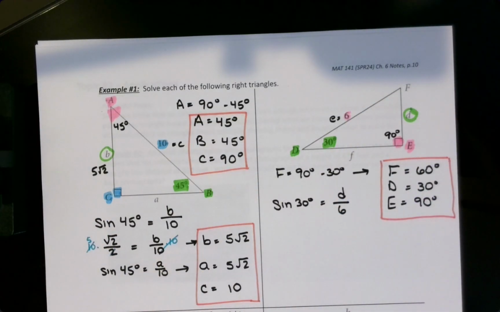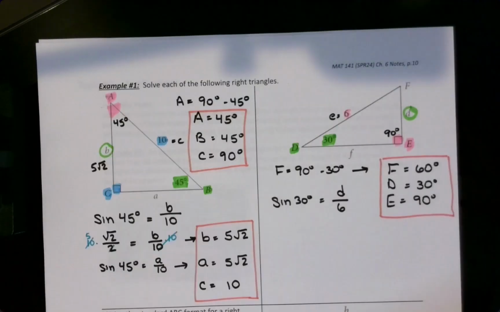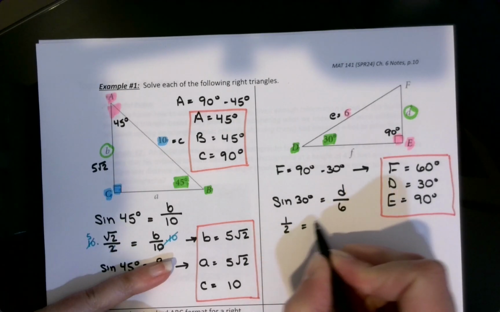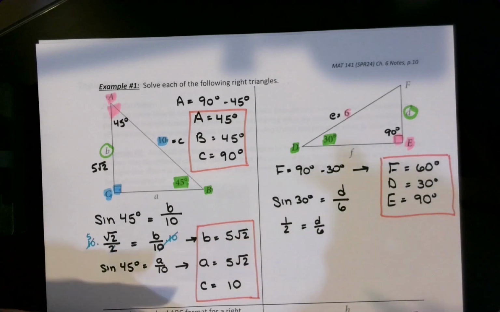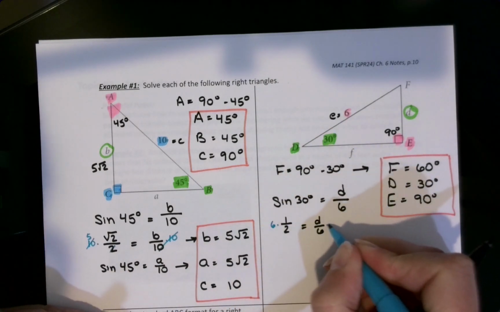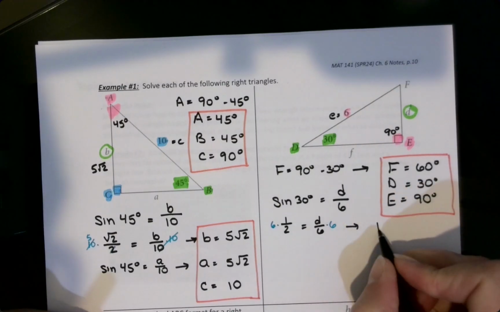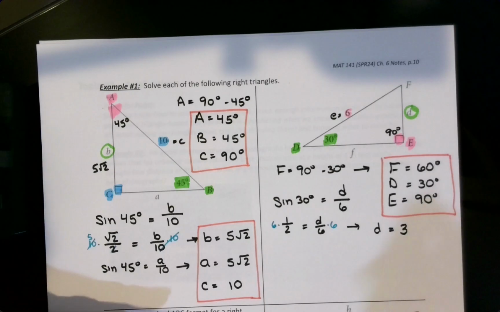The sine of 30 degrees is equal to 1/2. So 1/2 is equal to D over 6. And we'll multiply that 6 over on both sides to get D equals 1/2 of 6, which is 3.